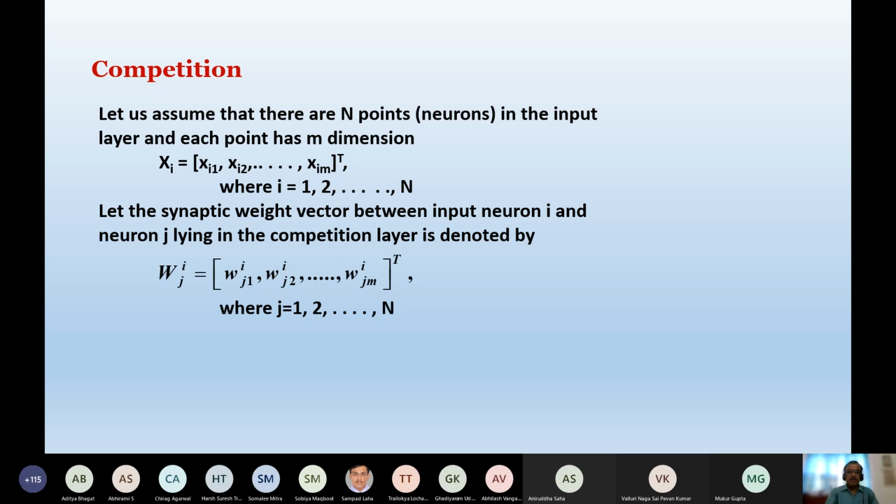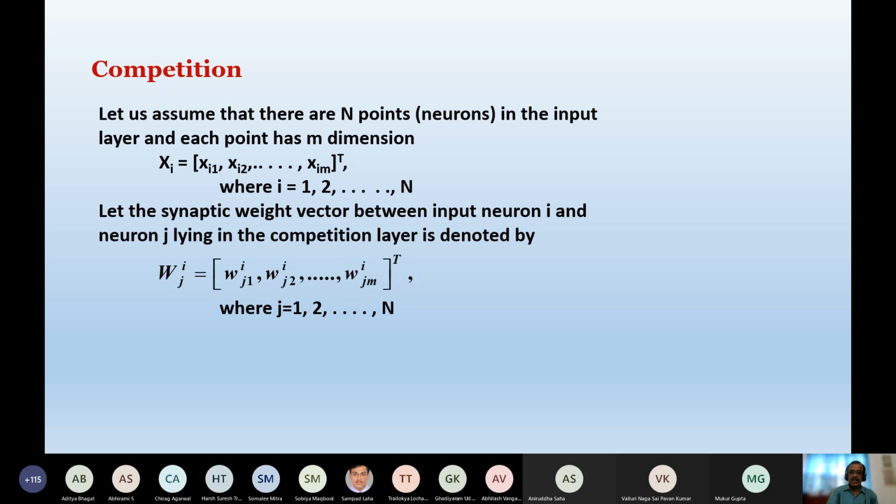My aim is to find the corresponding point in lower dimension. So we generate the synaptic weight between the input neuron i and the neuron j lying in the competition layer, that is wji. So wji is the connecting weight.